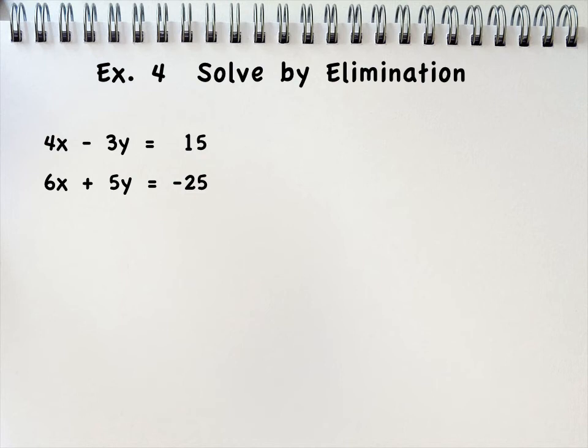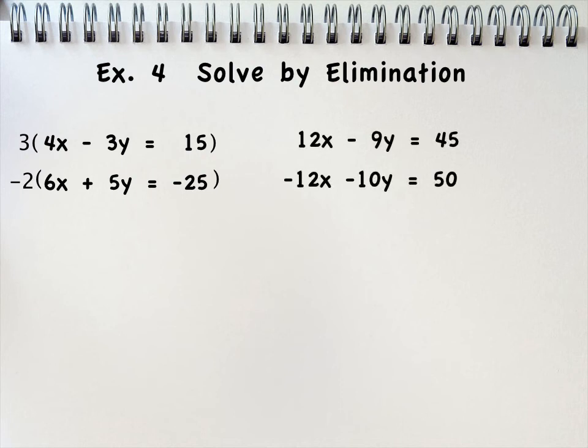Well, sure, let's multiply the top equation by 3 to give me 12x, right? And I can multiply my bottom equation by -2 to give me -12x. This way, if I add them together, my x terms will cancel out, right?